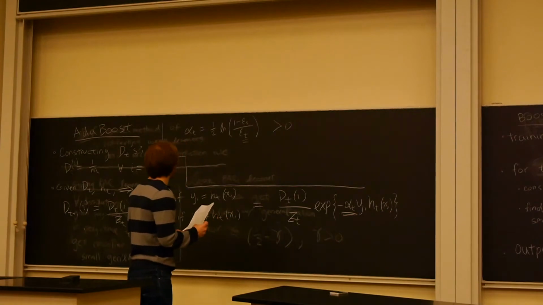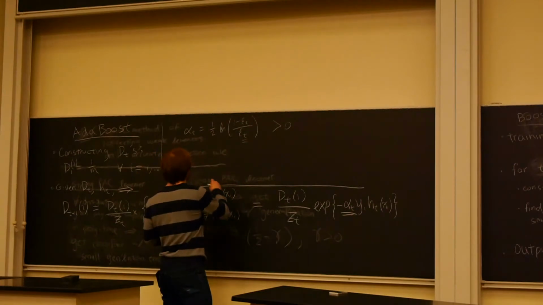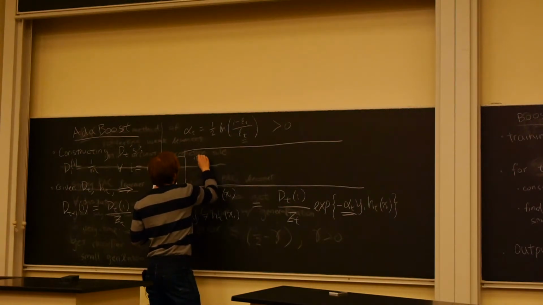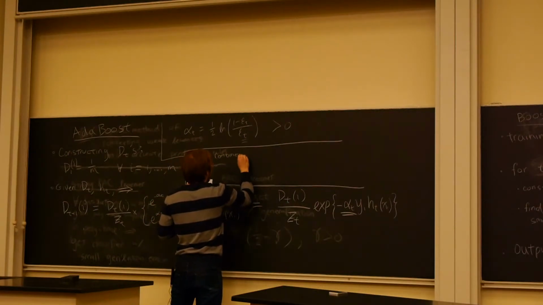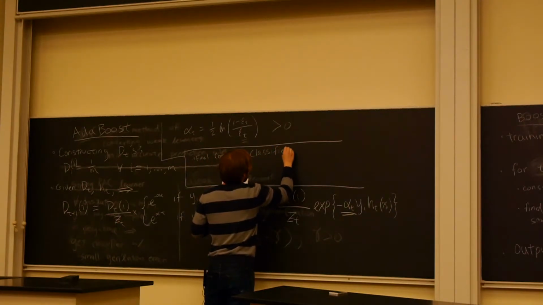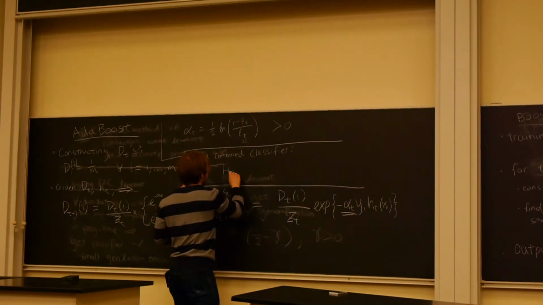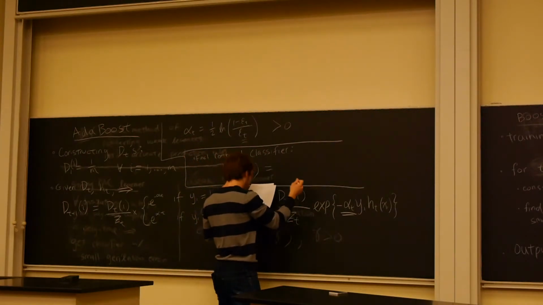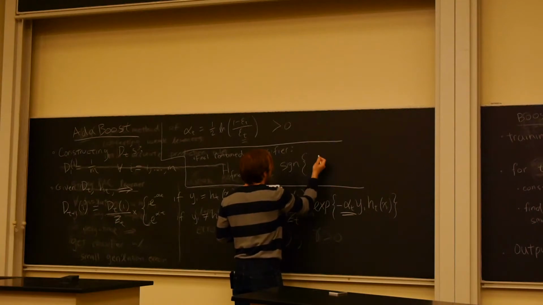Okay, then finally, how do we define the final classifier, the combined classifier after all t rounds? We'll define it here. Final combined classifier, h sub final of x, is equal to the sign of the following.